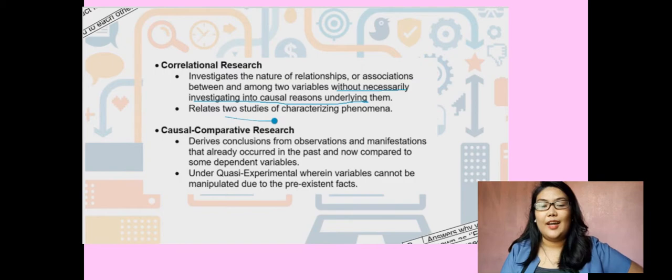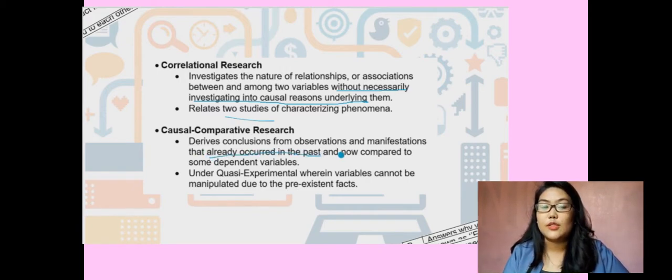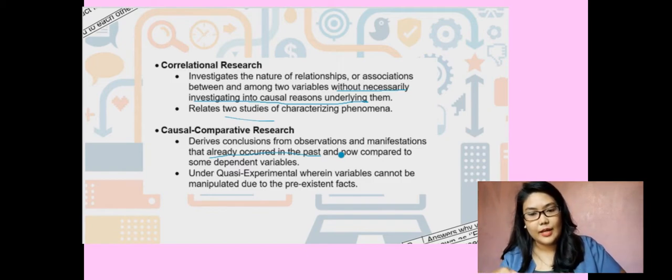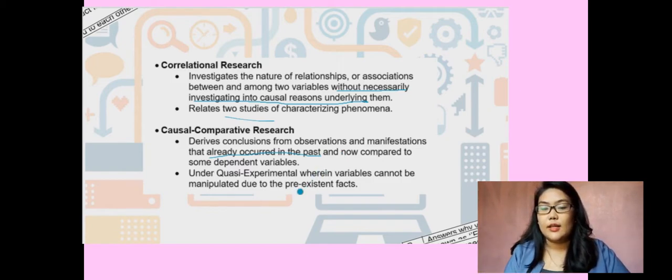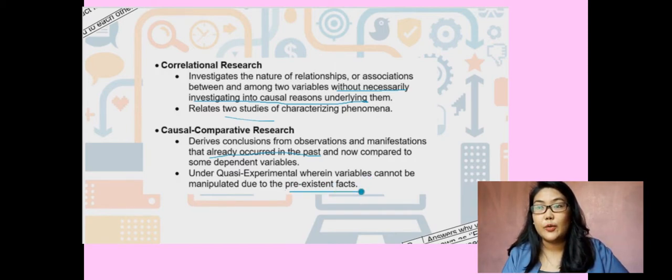Again, two studies. Kaya papasok later on yung connection niya sa descriptive. Later. Alright, next. Causal, on the other hand, already occurred from the past and now compared to some dependent or some variables. Now, what else? Okay, you can only use here pre-existent facts or yung mga nangyari na kaya hindi mo makokontrol.